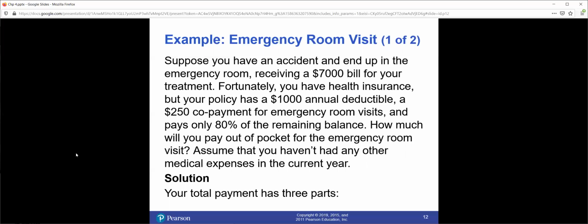So once you've met that $1,000, then beyond that, the insurance company will pay. $250 copay is whatever bill, whenever you go to the ER, you pay the first $250 of it regardless. And after all this, the insurance company only pays 80% of the bill. So the first two numbers, the $1,000 and $250, need to be removed, and then what's left over the insurance company pays 80%, you pay the remainder.